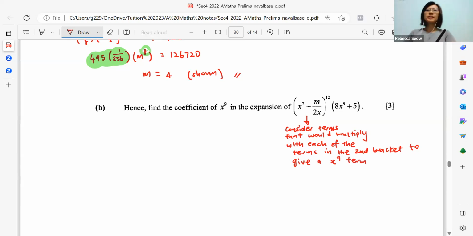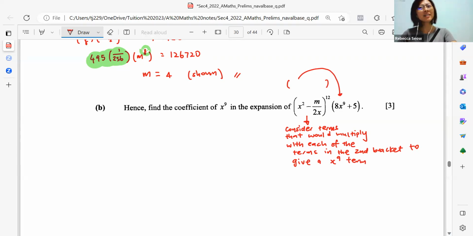Most likely we will have to consider a rainbow method, because when we have an expansion, we will have a series of terms, right? So if something is multiplied by 8x to the power of 9, that will give you a coefficient of x to the power of 9.